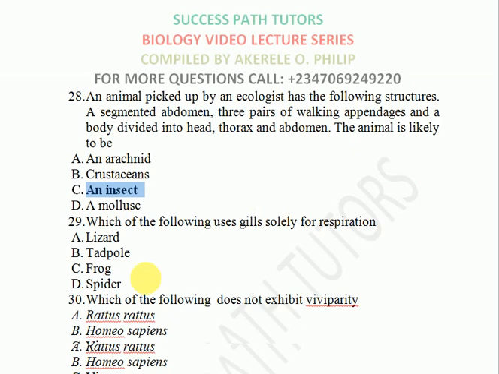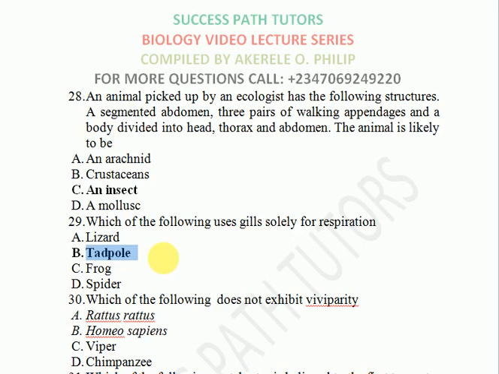Which of the following uses gills solely for respiration? When you say solely, it means only, as in no other one. That would be your tadpole. Now be careful. Frog, you can say frog because frog stays in water, but no, they also have skin for respiration, buccal cavity for respiration.